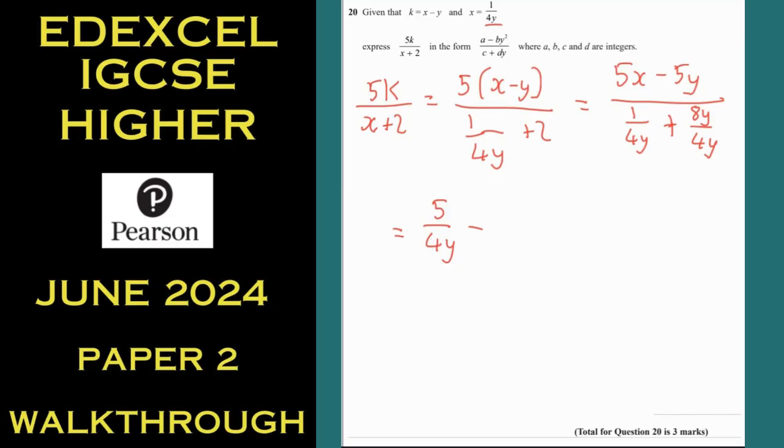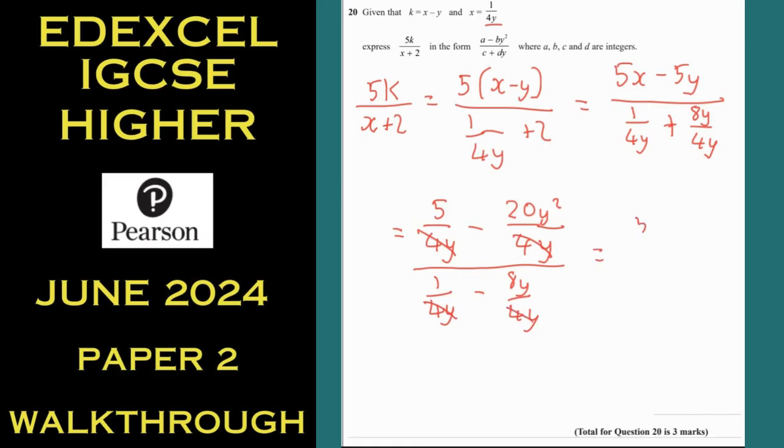Another way of writing 5 would be 20 over 4. So another way of writing 5y would be 20y squared over 4y, because the 20 over 4 would cancel down to 5, the y squared over y would just become y. And it might look horrible and unwieldy, but it's about to get a whole lot simpler, because the idea is, as I said at the start, they're all going.